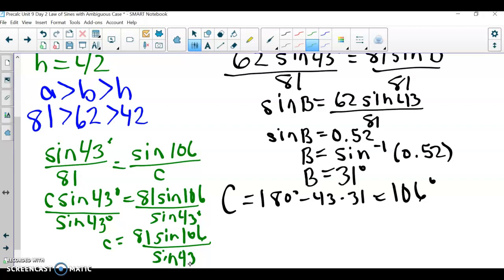Again, we go into decimals, and I get approximately, if I round to the nearest tenth, 11.3. So that's what we do. There's one triangle. We've proved that there's only one triangle. There's no other way that another triangle can exist.